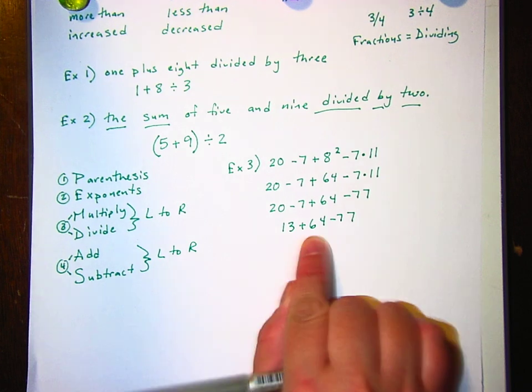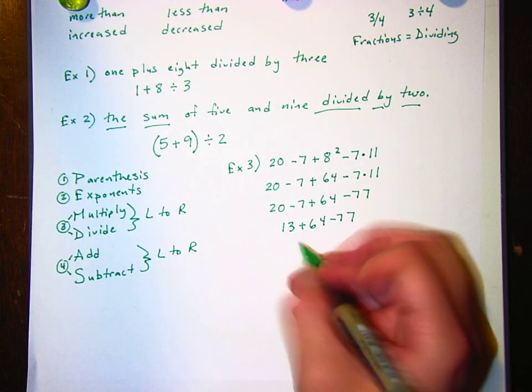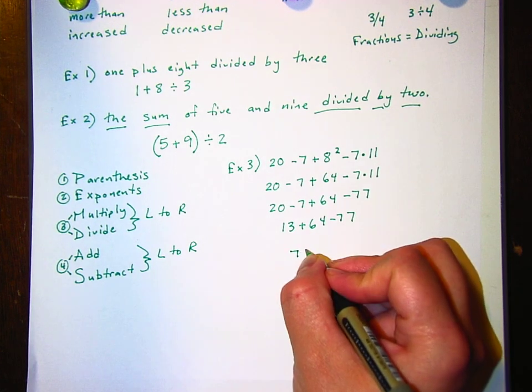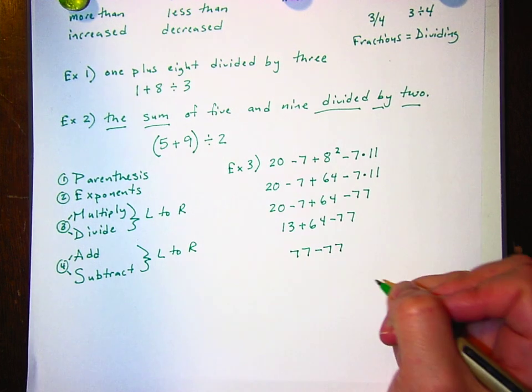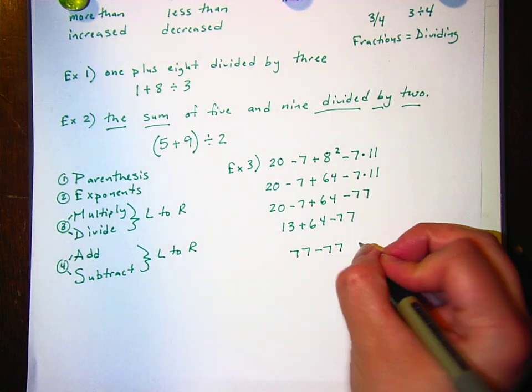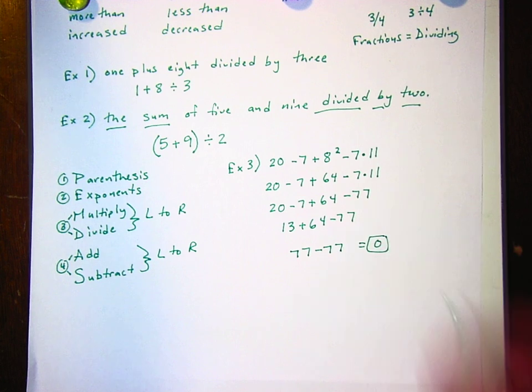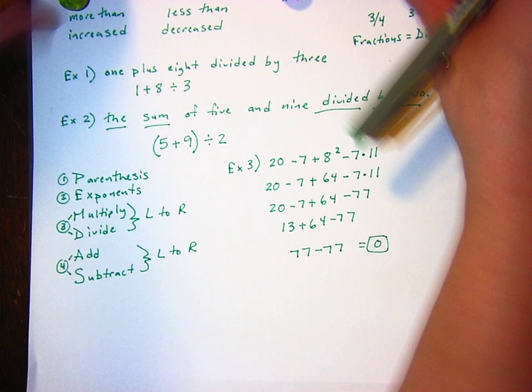And then I'm going to combine the next two, which is 13 plus 64, which is 77. So then I have 77 minus 77, which is 0. So actually the answer to this problem is 0. Kind of a weird one.